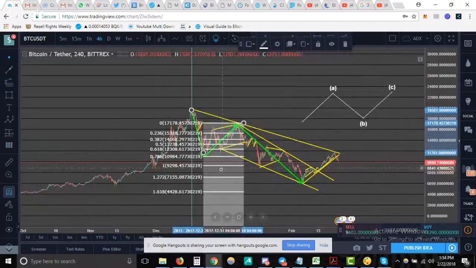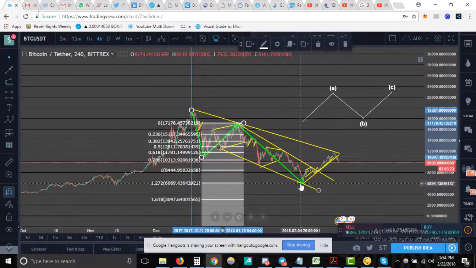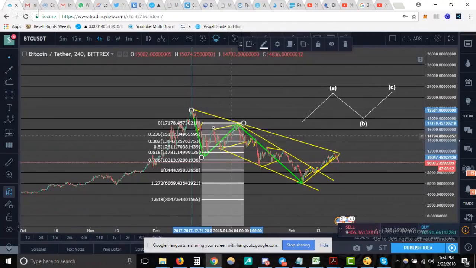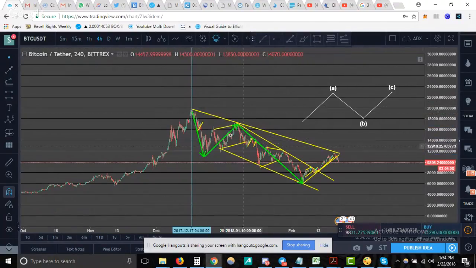Exactly, this is a zigzag pattern. So it's supposed to turn between 1 and 1.26, and that is what actually happened here. That's why we have the reversal. All of this from here to here has been the completion of a zigzag pattern.